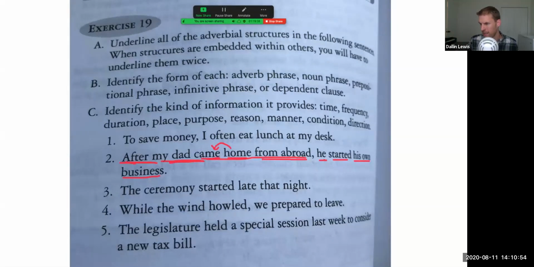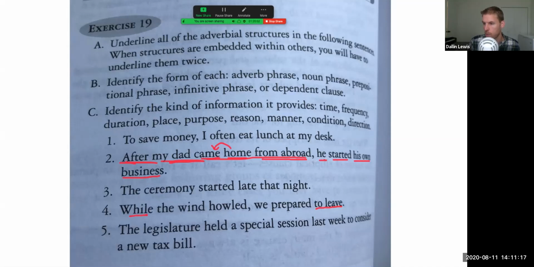Number 4, while the wind howled, we prepared to leave. Now, to leave is the infinitive form. We have the to and then the non-tense verb, and we can put an implied in order here. We prepared in order to leave. So this is an adverbial verb phrase. Here we have another dependent clause with a comma at the end.